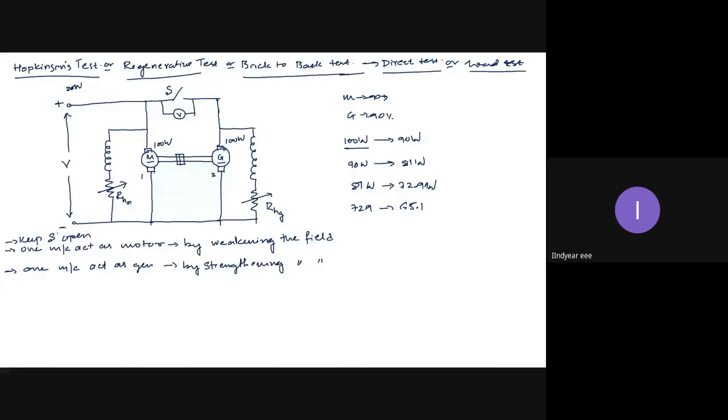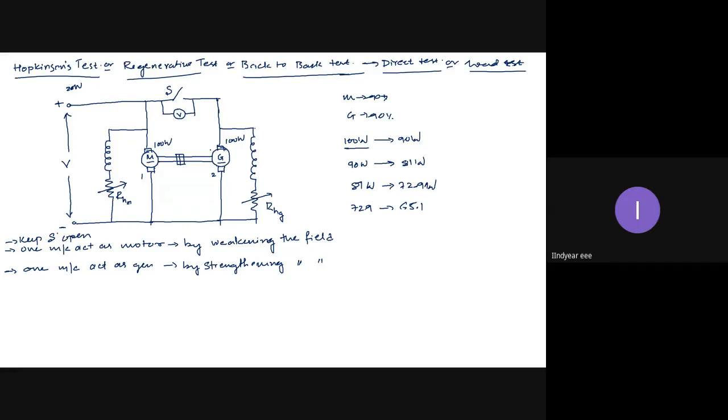So Hopkinson's test is one of the advantageous methods of testing DC machines, where though it is a load test, not all the power required is drawn from the supply, but only the loss power. But the disadvantage is that I need two identical machines, so the capital investment is more.